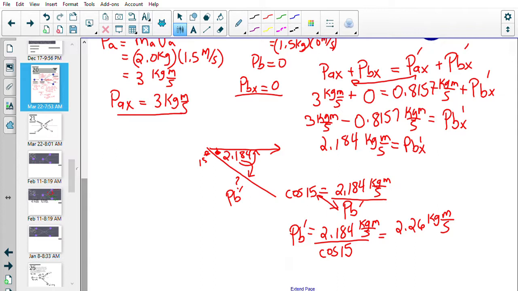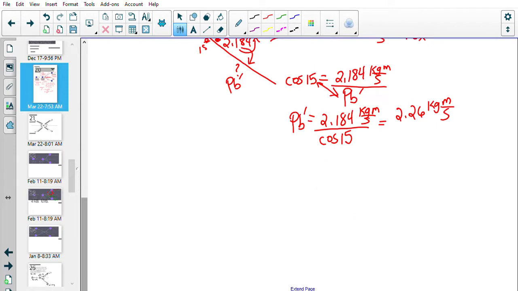You might think you're done, but the question didn't ask for what is the momentum of B after. It asked for the velocity of B after. So you take one last step, which is the momentum divided by the mass. The momentum of B after is this 2.26 kilogram meter per second, and the mass was 1.5 kilograms.